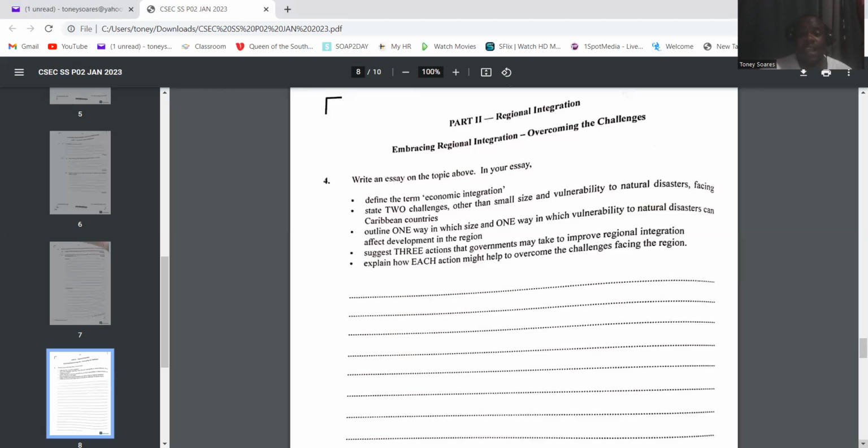Another way in which the government can take to improve regional integration is encourage people to become informed. Citizens have a responsibility to be aware of the issues associated with integration in relation to their country and in the region.